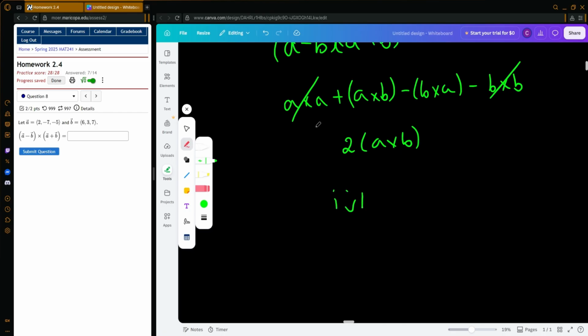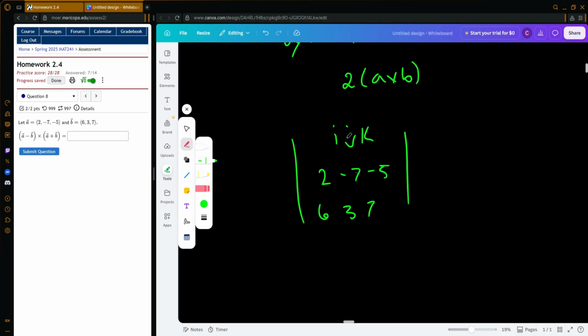So we'll just do that. So do i, j, k, number 2, negative 7, negative 5, 6, 37. So we'll focus on this quadrant first. So we'll get, this times this is negative 49 minus negative 15, so it's plus 15. So we have negative 49 plus 15 is negative 34.